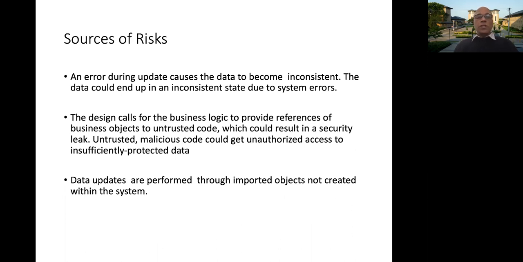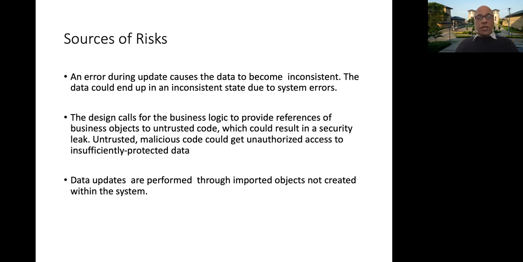What could one of them be? We have an inconsistent update. Some errors occur as we are updating the data, and the data becomes inconsistent. As an example, if we are issuing a book, we might be in the middle of updating the objects.